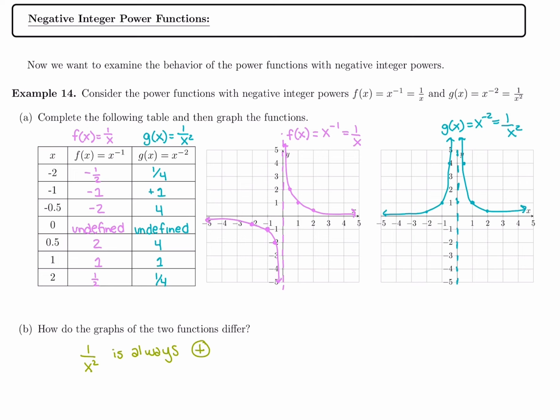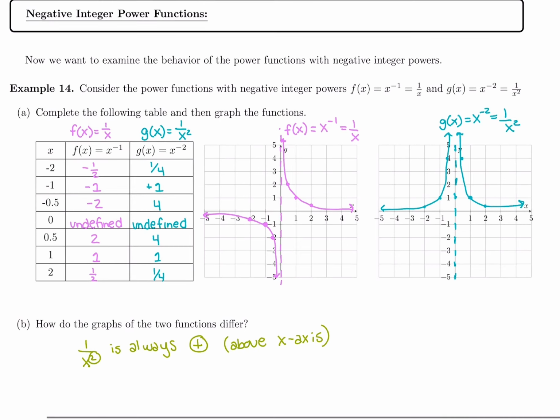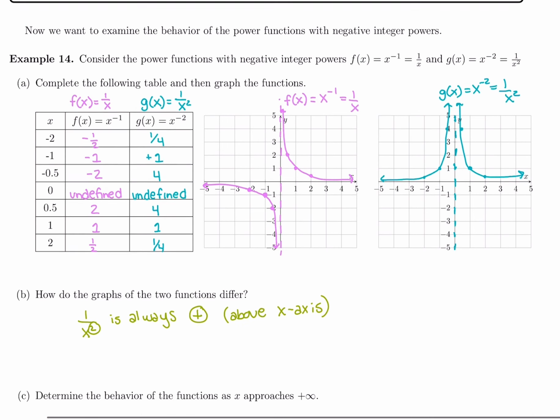And notice that's always above the x-axis. And that's because of that even power. When you square something, it becomes positive. So the one with the odd power had some negative y values versus the one with the even power had all positive y values. It was always above the x-axis.